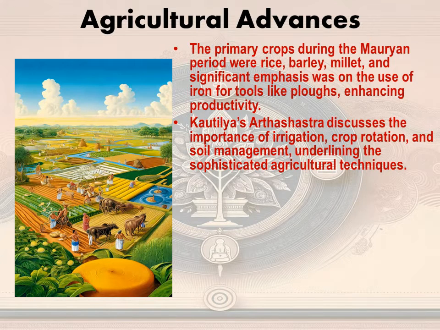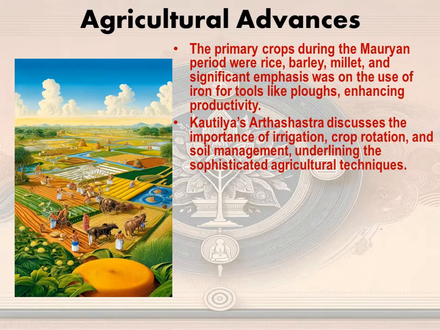Kautilya's Arthashastra discusses the importance of irrigation, crop rotation, and soil management, underlining the sophisticated agricultural techniques. So, we get evidence of irrigation where water could be brought into the fields through proper artificial channels.